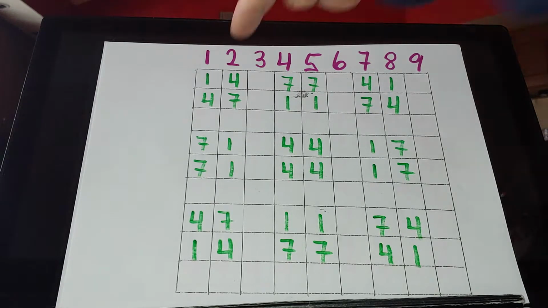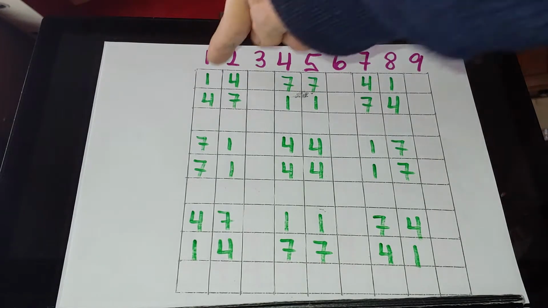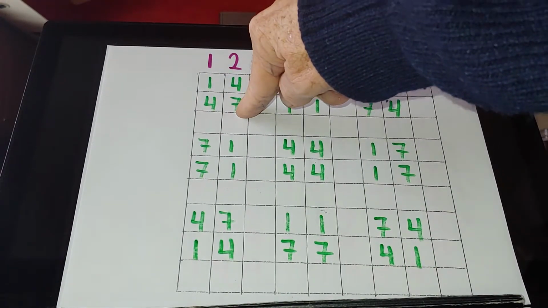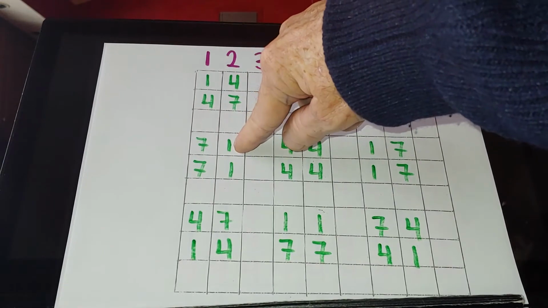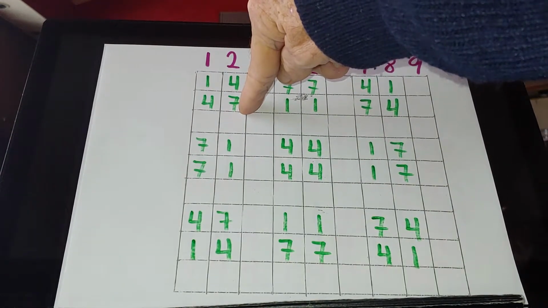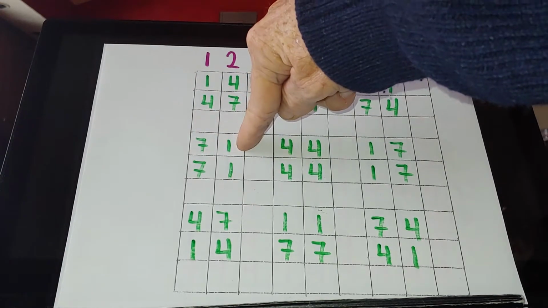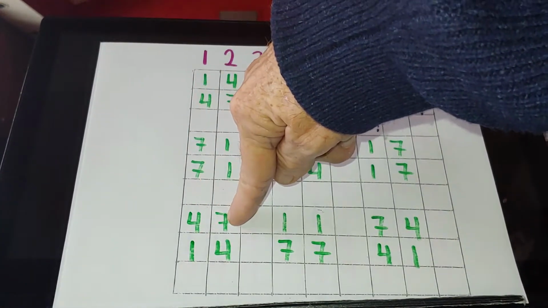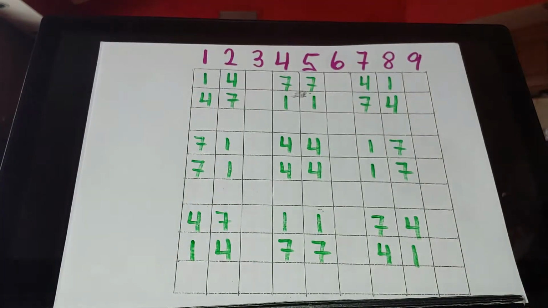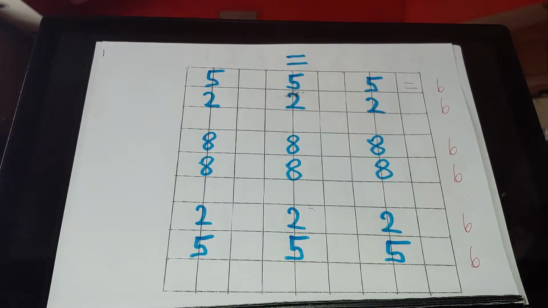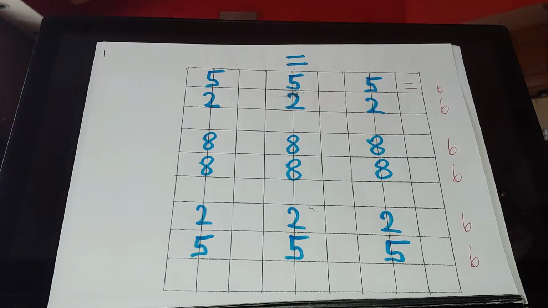Well, yeah, they're 8s. 1 and 4 is 5. 4 and 7 is 11 is 2. 7 and 1 is 8. Again, 1 and 4 is 5, 4 and 7 is 11 is 2, 7 and 1 is 8. So that's how we get something that looks like that. So it is doing 258 if you look at it like that.